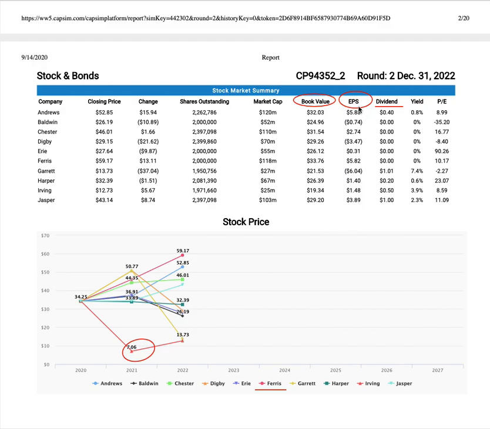And also EPS is earnings per share. It's just an indicator of how much the stock is going up and down. If it's going down, it's negative; going up is positive. So this is one of the indicators. And also dividend. I see some of the teams already started paying dividends to the stakeholders.